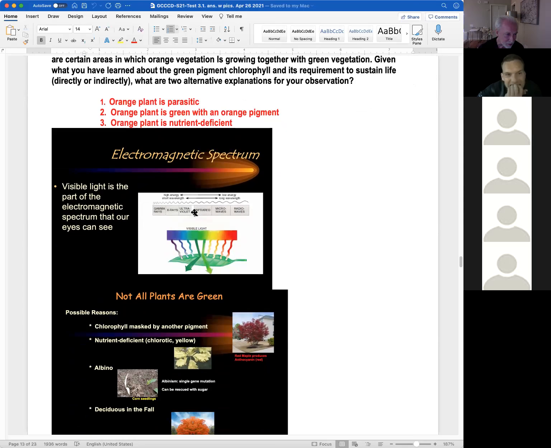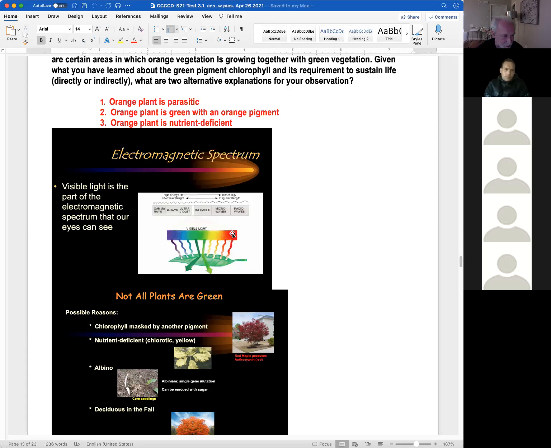in the spectrum, there's just this one very small window of wavelengths that we can see and that plants can perceive. And within this little window, the wavelengths vary in color from red to blue. Now, we can see both of those and everything in between.